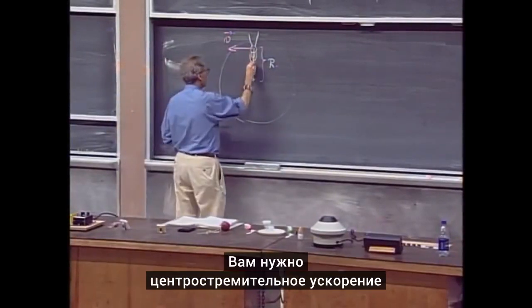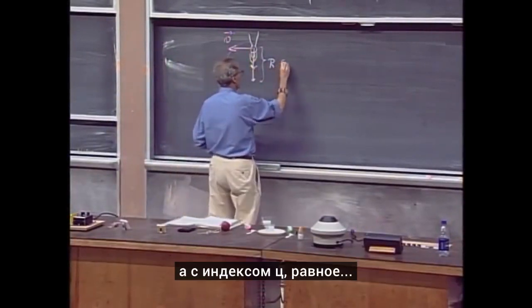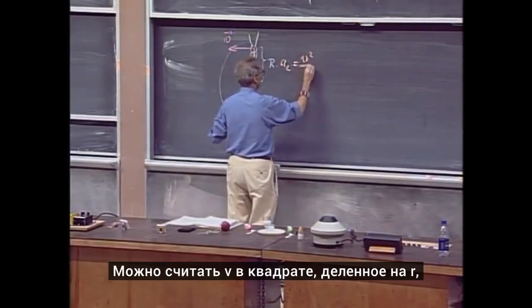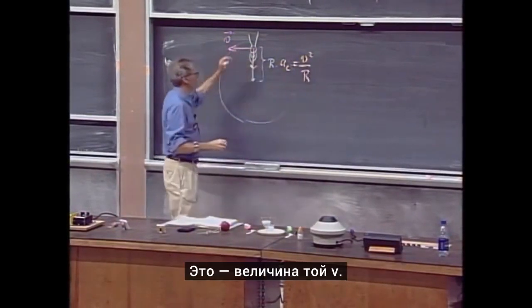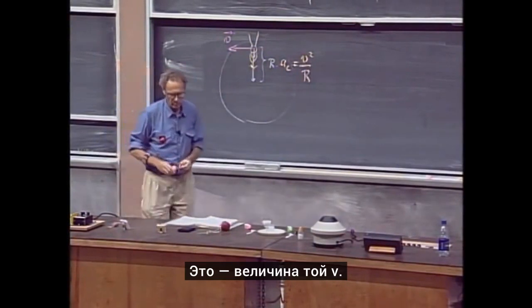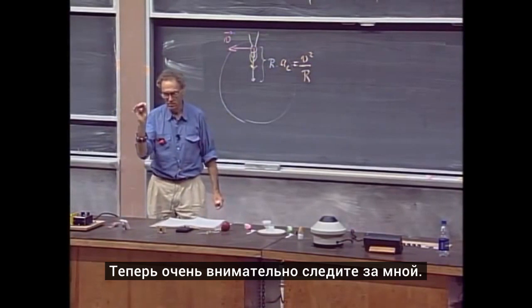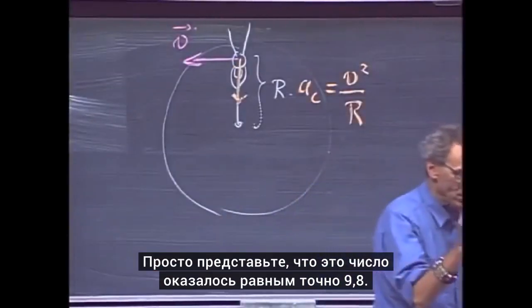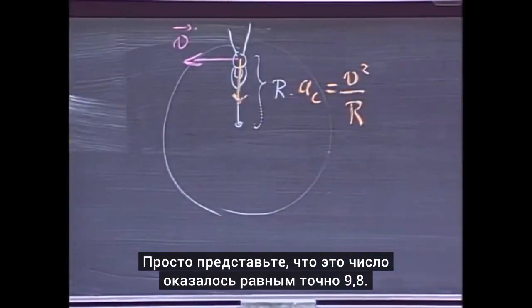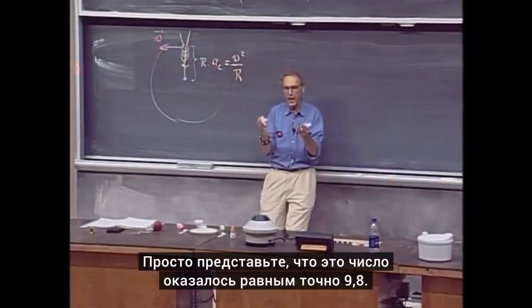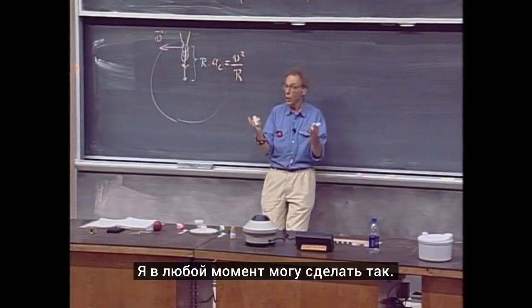So you need a centripetal acceleration, A of c, which is, you can take the v squared divided by r, if you like that. This is the magnitude of that v. Now follow me very closely. Just imagine that this number happens to be exactly 9.8. I can always do that.